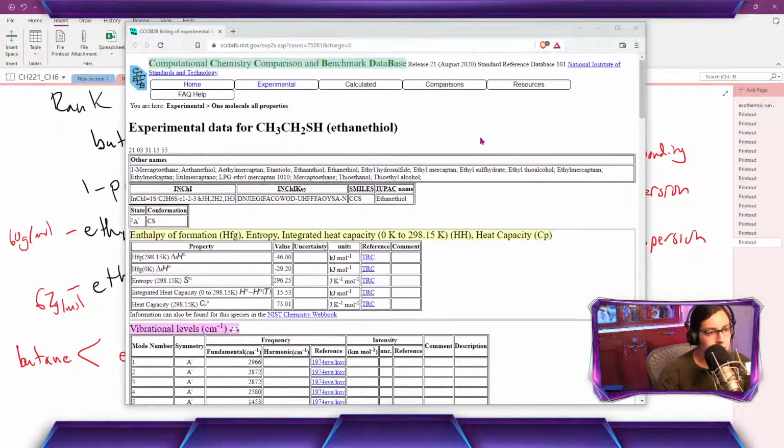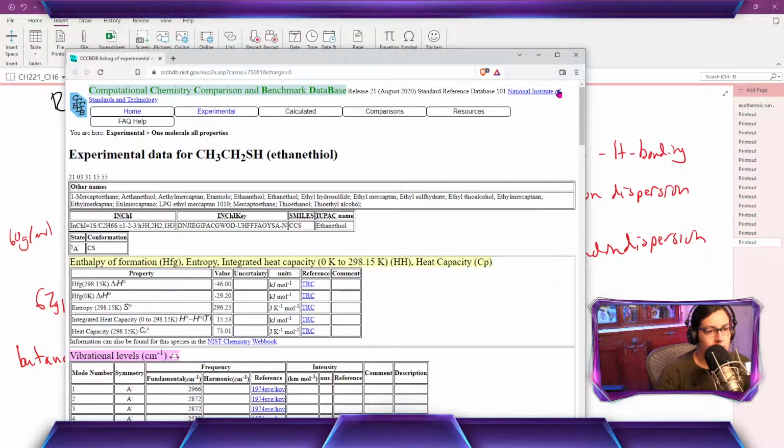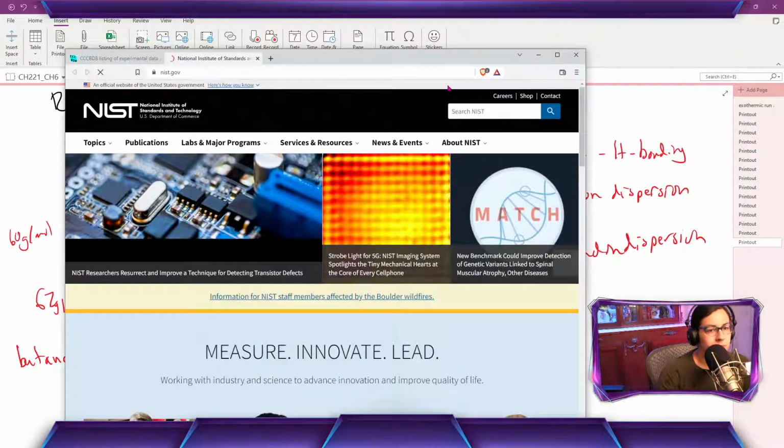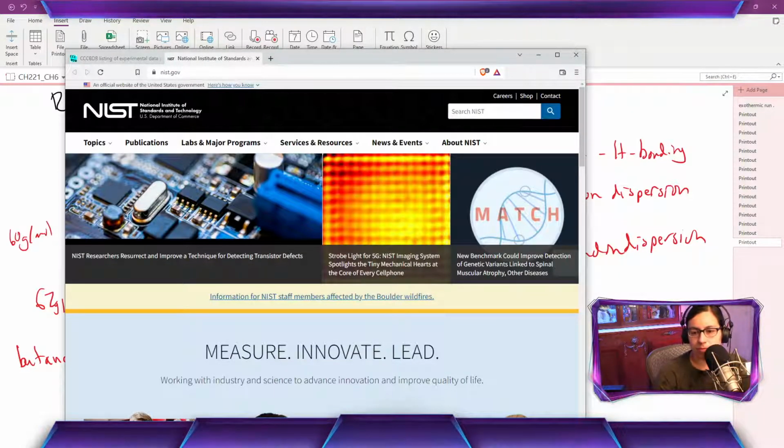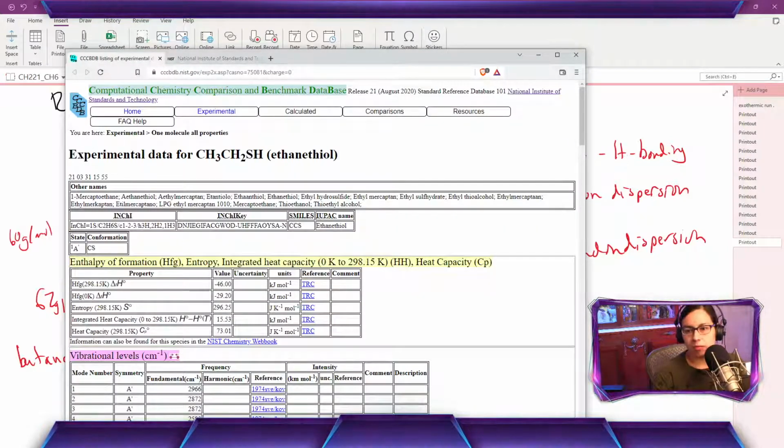I wonder if this has other compounds. Just trying to find.